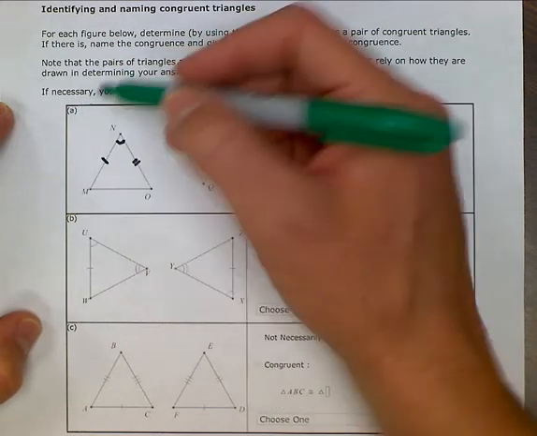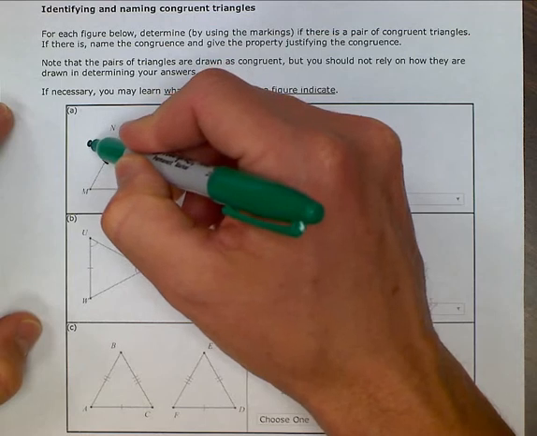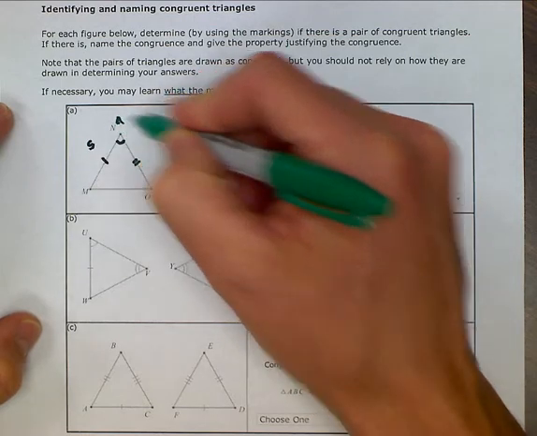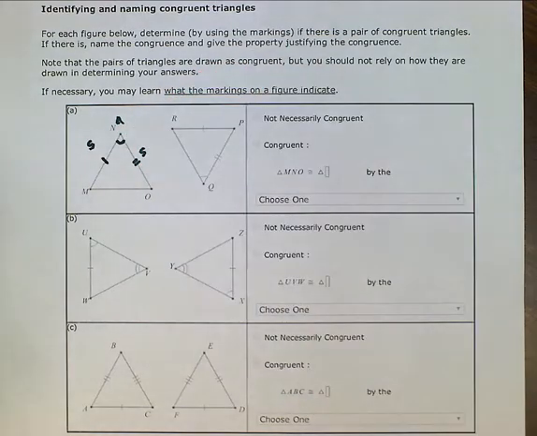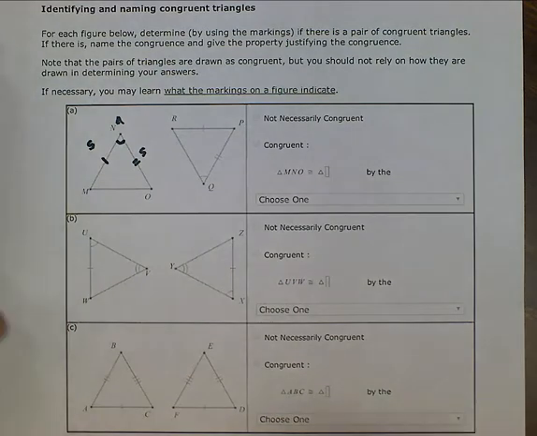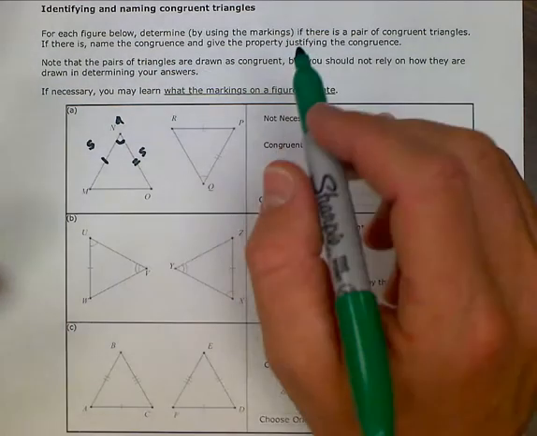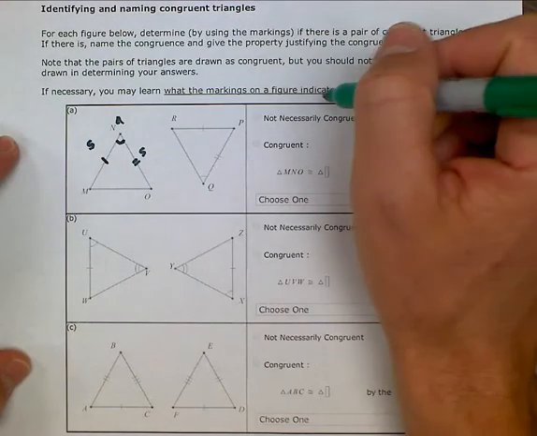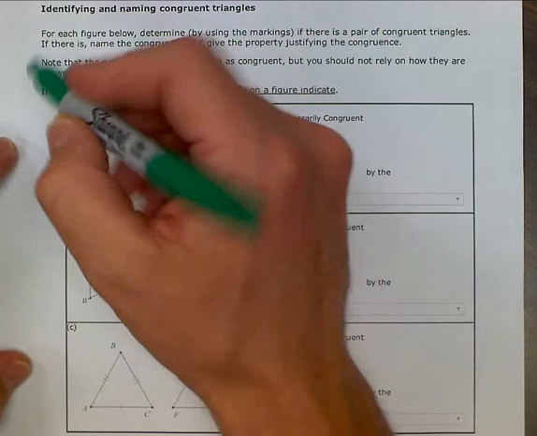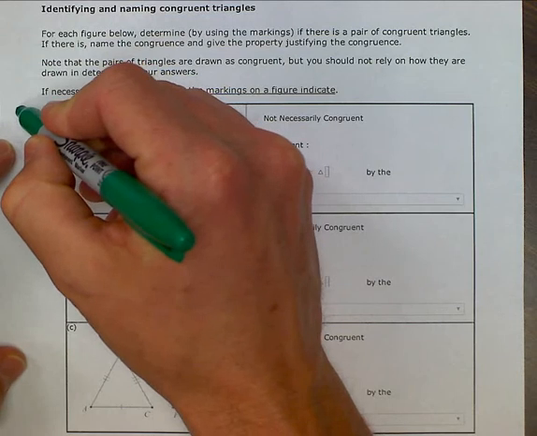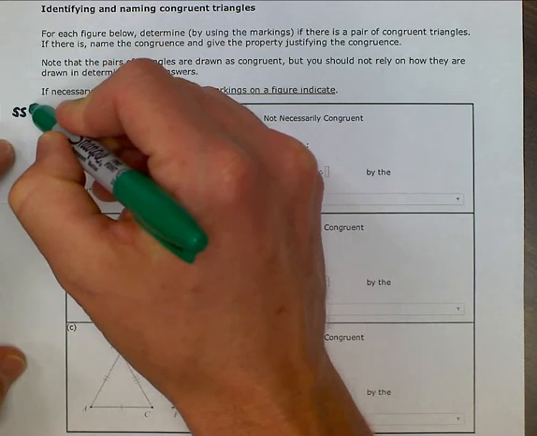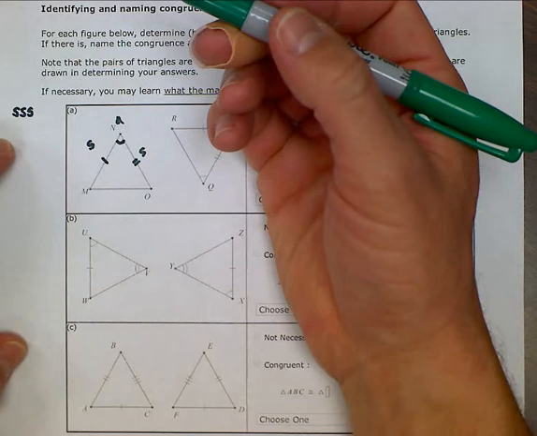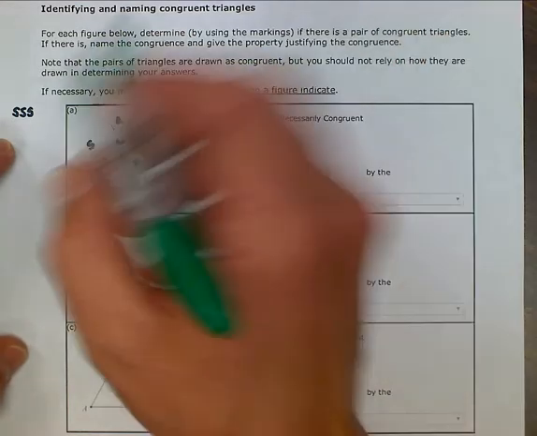So I'm going to go ahead and label what we have. We have a side, we have an angle, we have another side. And it will probably be helpful if we just list out all of the different possibilities that prove that we have congruent triangles. We know that side, side, side is one of our situations where we can prove a congruent triangle.